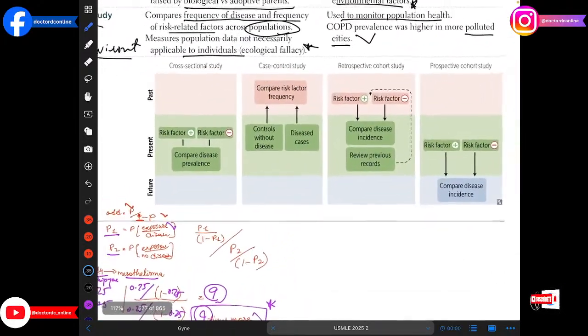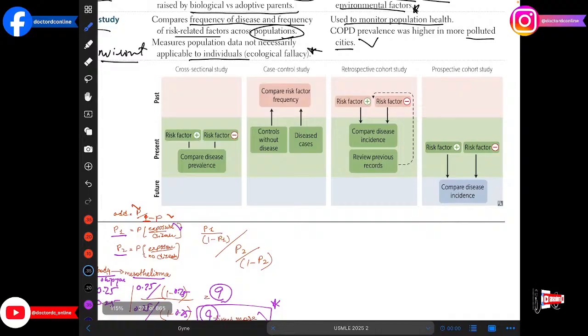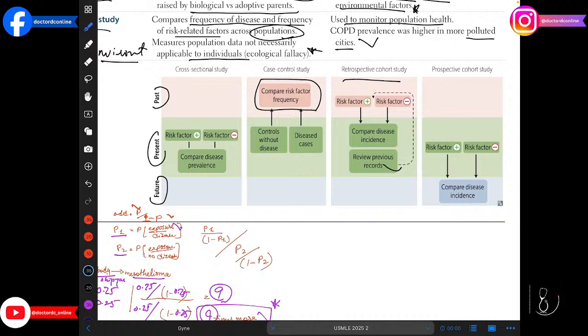If we go through this table, there are 3 blocks respective to time. If you focus on the past, we do case control study, and also in a retrospective study, we review the previous records of the past about exposure to risk factors. In the present, we do cross-sectional study in which we compare disease prevalence.